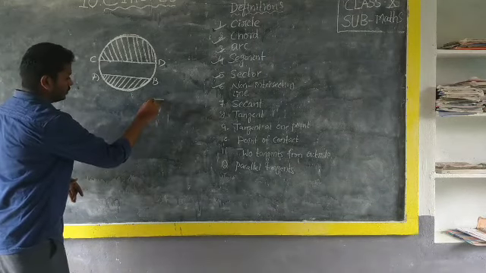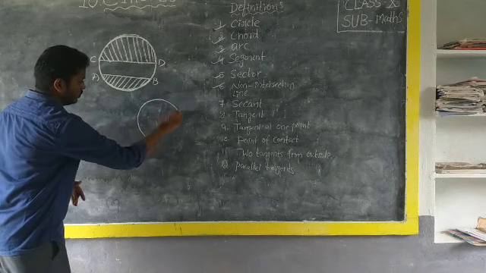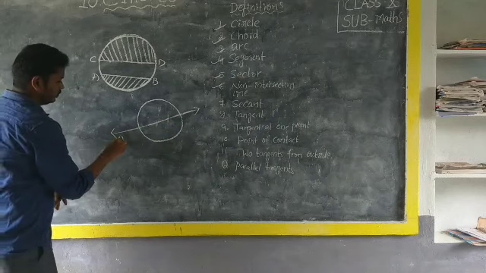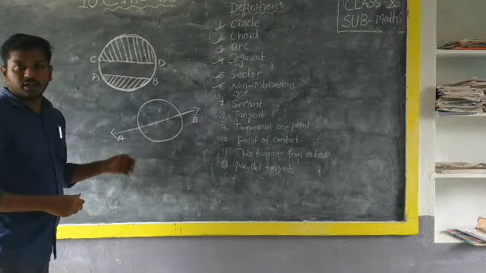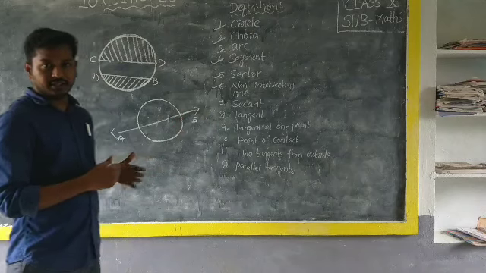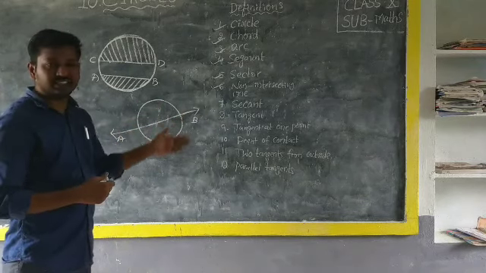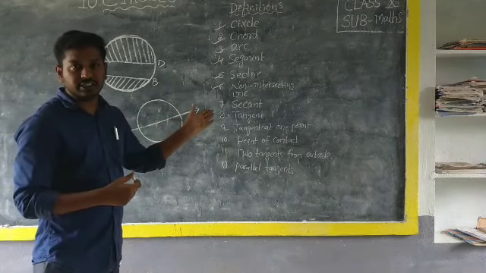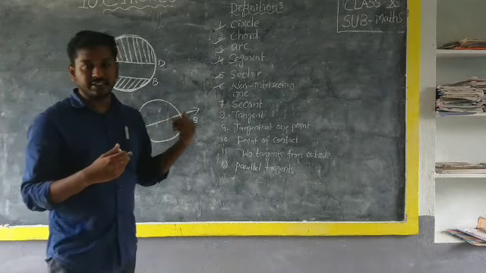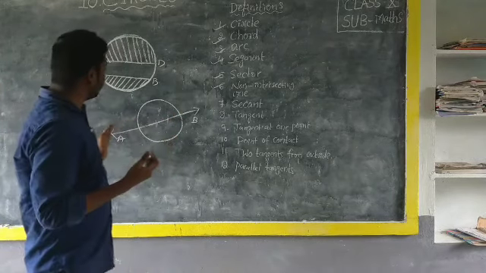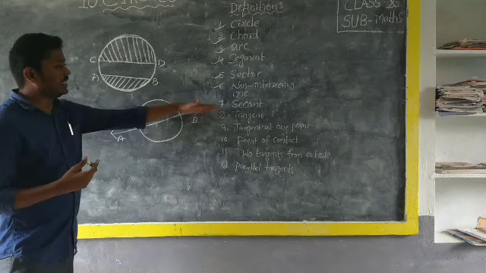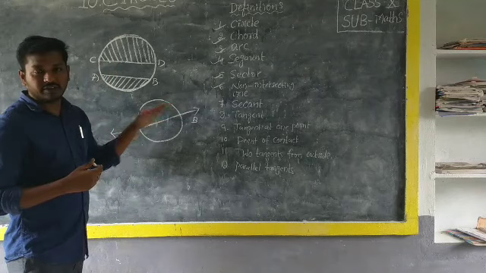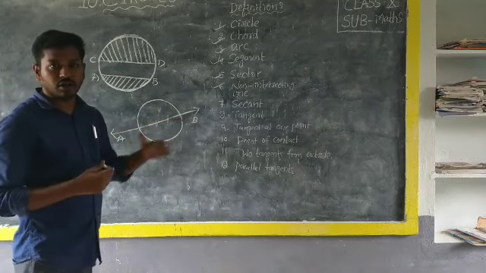Next, I want to explain secant. Take one circle. Here the line AB contacts the circle at two distinct points. If the line AB touches the circle at two distinct points, when the line intersects the circle at two distinct points, then that line is called a secant.